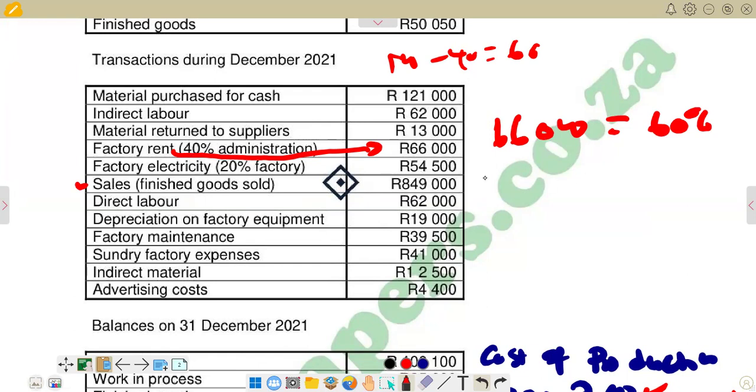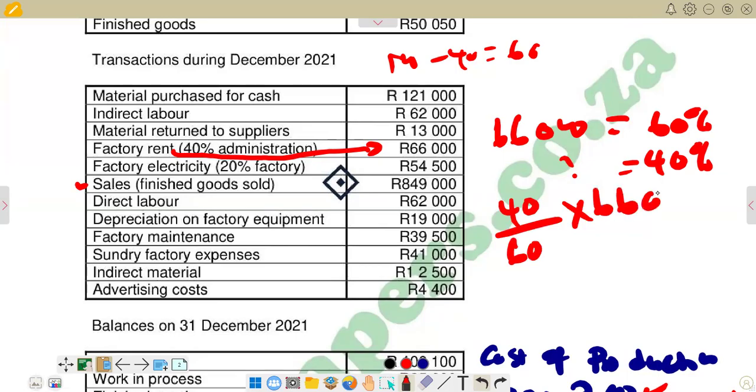So the one that we are looking for is now 40% for administration, which is supposed to go to the income statement under other expenses. So we can just use proportion there by saying 40, what we don't have, over what we have, and then we multiply by the given figure. If you do that, you are going to get your answer for factory rent: 44,000.